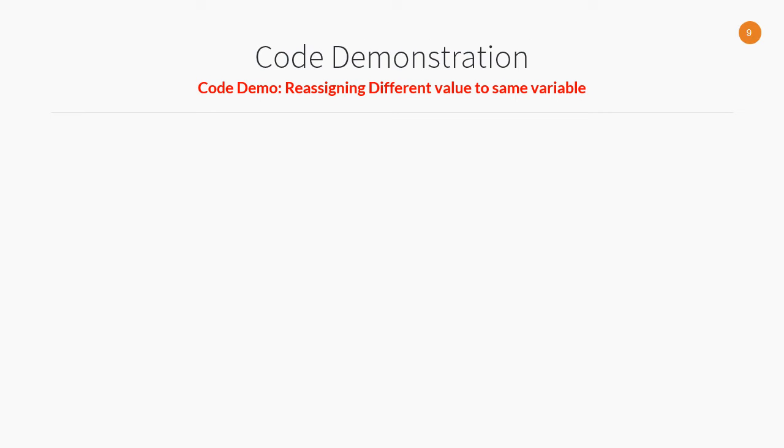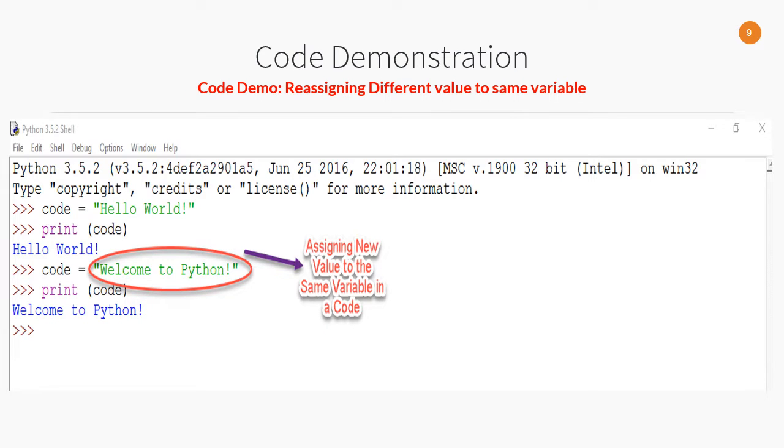Here is the code demonstration showing the code to reassign a different value to the same variable. As you can see, the first two lines of the code are the same: code is equal to hello world. So we assign the value hello world to the variable code and then we ask the interpreter to return the value of the variable code. In the third line, as you can see, we get the output hello world. Now again, in the next line, we have used the same variable code and we have assigned a new value to it, which is a string or a statement.